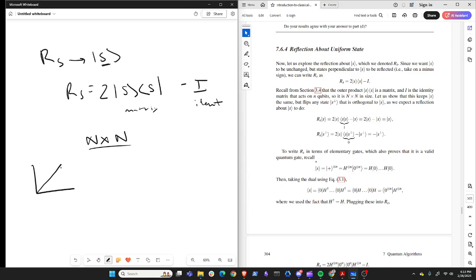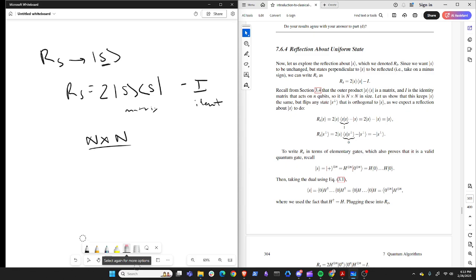So initially, we have S. We apply some U, and then we reflect it with our R of S. So we want to keep S the same and flip any state that is orthogonal to S, as we expect a reflection to do, right? 90 degrees from point A to point B. I know that looks like a baseball diamond, but all right.